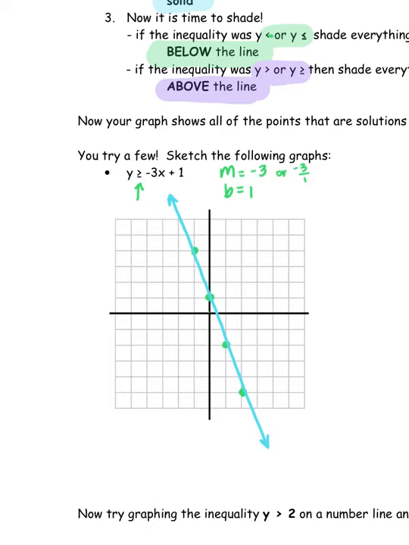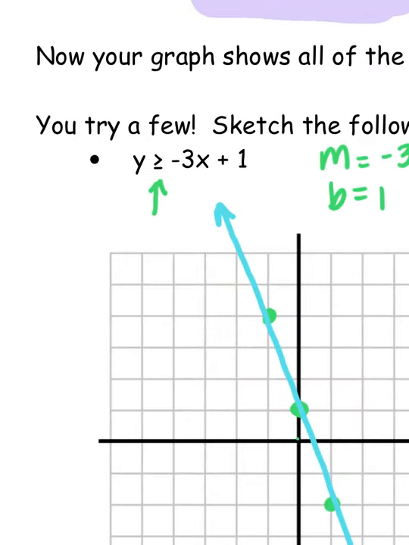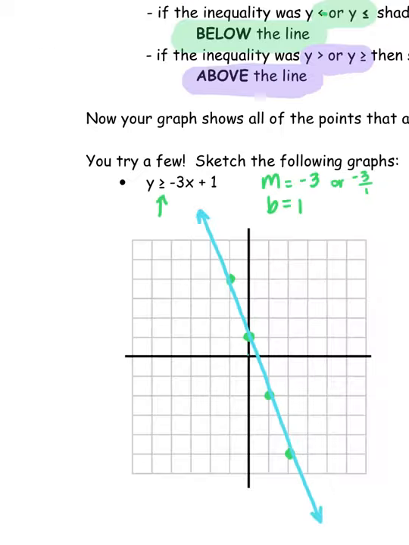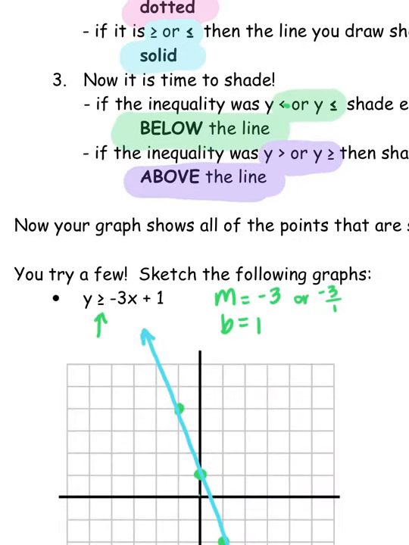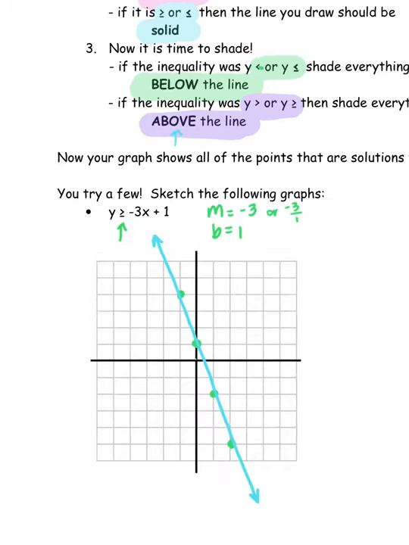This says greater than, so greater than tells me that I am going to shade above the line.